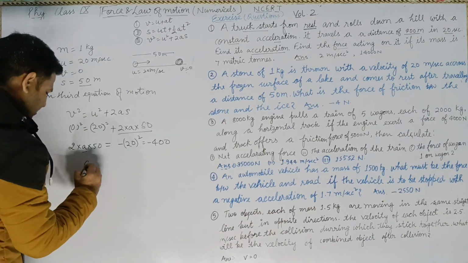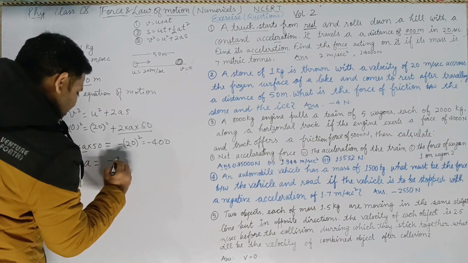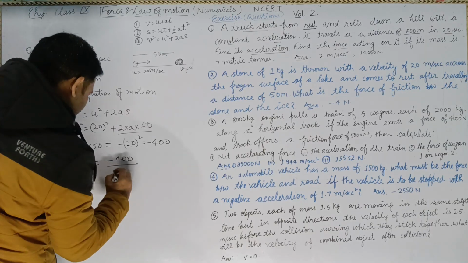We have to find a equal to minus 400 upon 2 into 50.